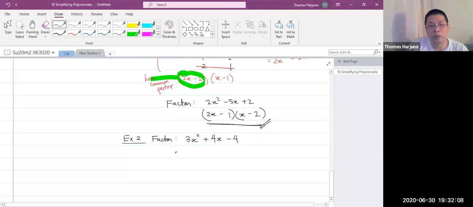Now then, the leading coefficient is prime, so there's only one way to make it happen. It must be 3x and x. That's the only way.